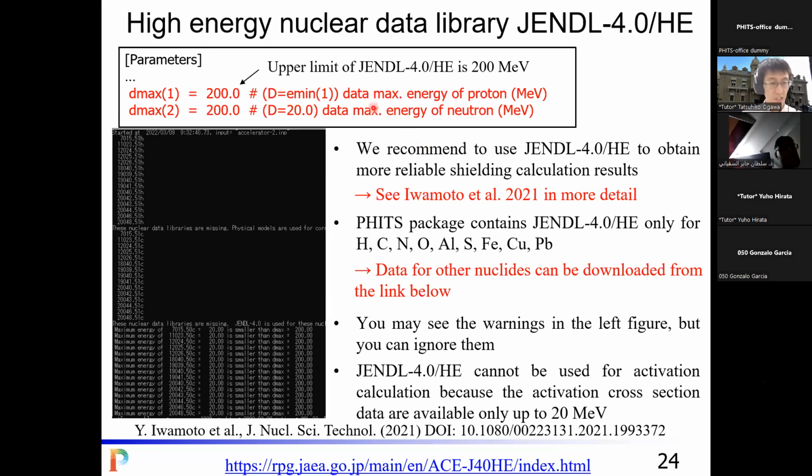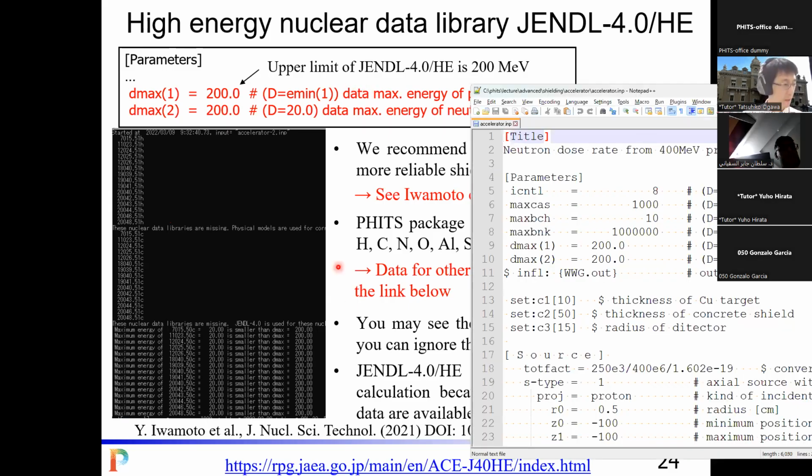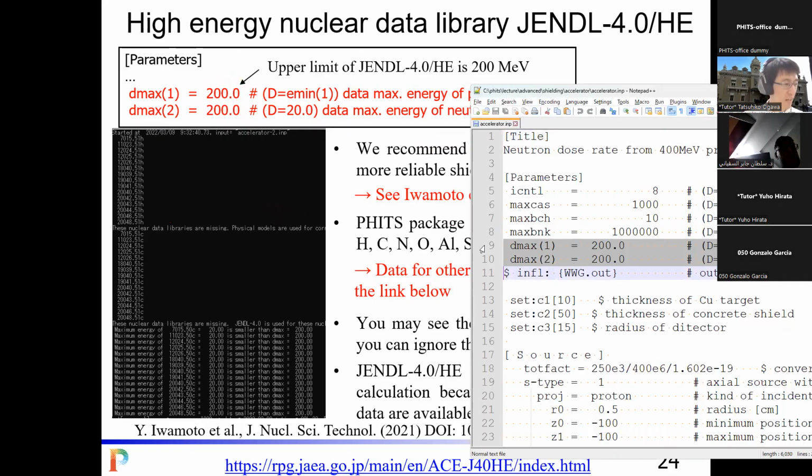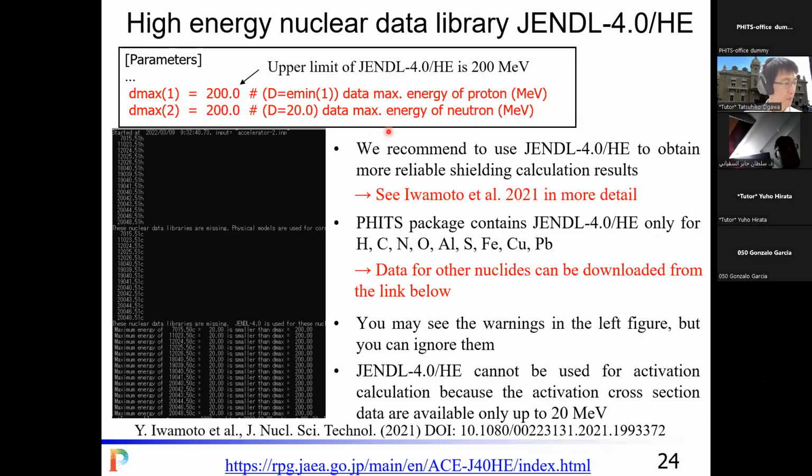In this calculation, the source particle is 400 MeV protons. And dmax(1) and dmax(2) are set to be 200 in this input file, as we see at line numbers 9 and 10.